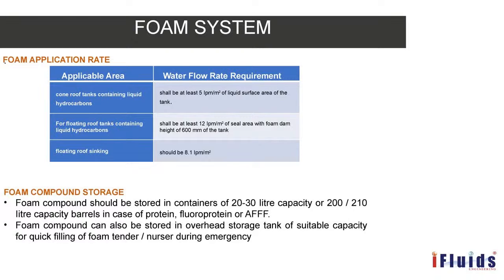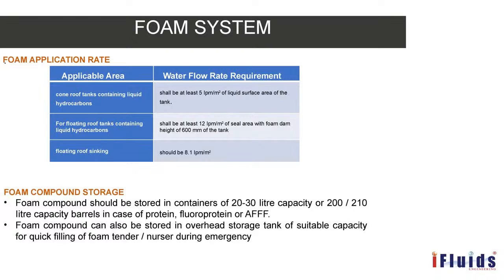You can refer to it. The main thing is the foam quantity requirement. For foam compound, 20 to 30 liter capacity or 200 to 210 liter capacity is required in the case of protein, fluoroprotein or AFFF foams. It has to be stored in a container. The foam compound can also be stored in an overhead storage tank.